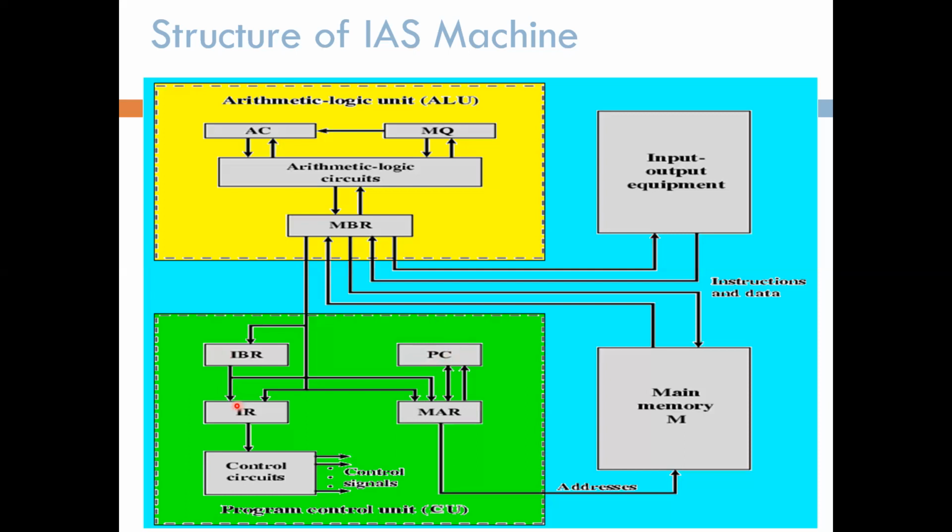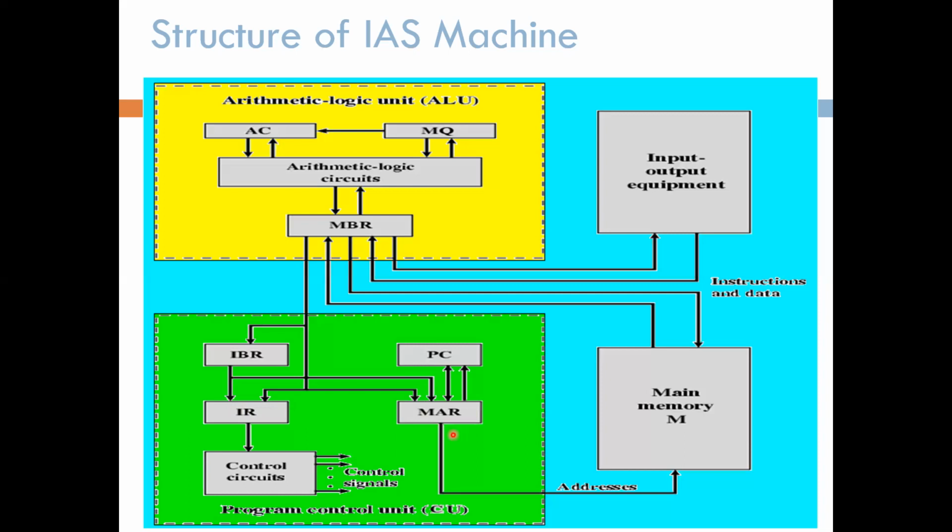I'll explain how an instruction is decoded in a short while. Then you have the MAR, over here. That specifies the address in the memory of the word to be written or read into the MBR.